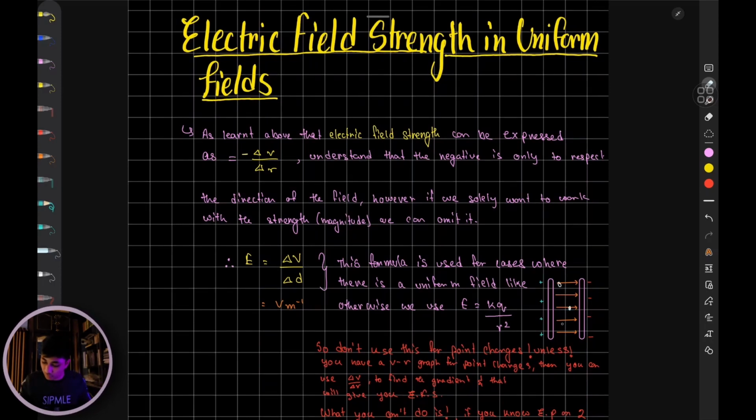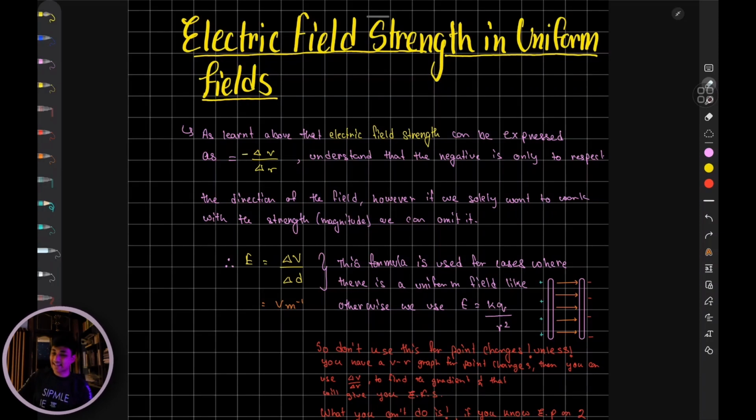That is over here, or over here, the electric field strength is going to be the same. What that means is if you have 1 coulomb of positive charge over here, it experiences, let's say, 2 newtons. 1 coulomb of charge over here experiences 2 newtons as well. So the force experienced is the same throughout. That is the main idea.